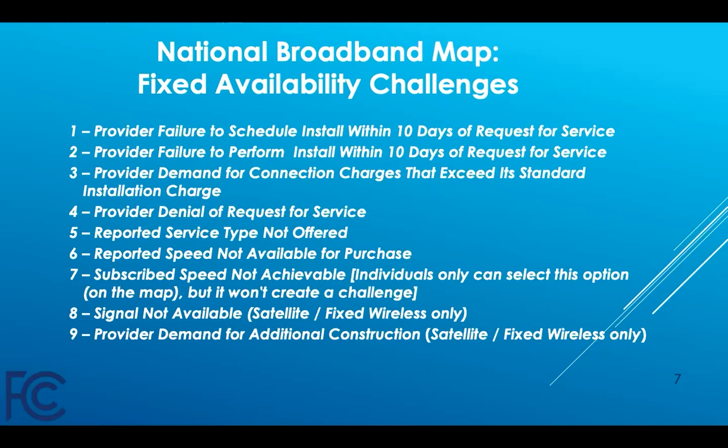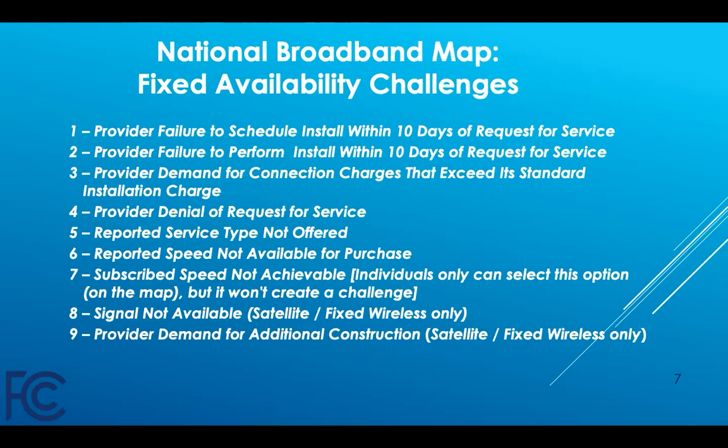They may have just flat out said they can't serve the location. And this could be as simple as checking the website and entering your address and getting a message back saying that they don't serve the location. The reported service type might not be offered. So again, maybe they've listed this as a fiber location when all they offer is a copper service or something similar to that. The reported speed is not available for purchase.